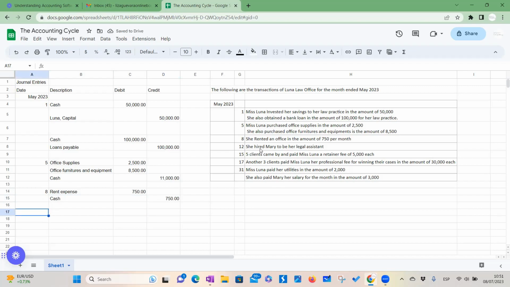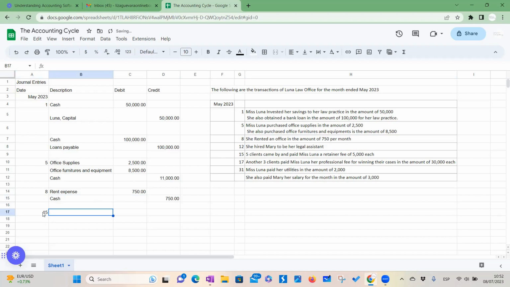So it says here that on May 12, she hired Mary to be her legal assistant. So this has no financial value yet. So we will not record anything here in the journal entries.